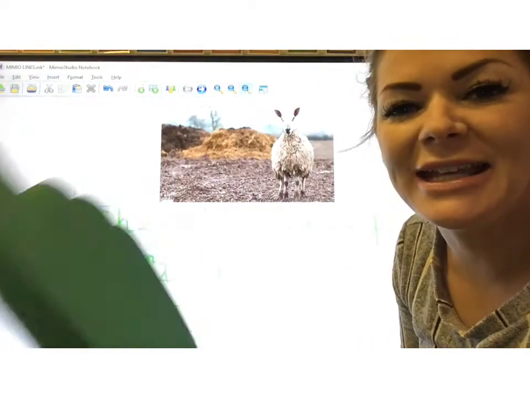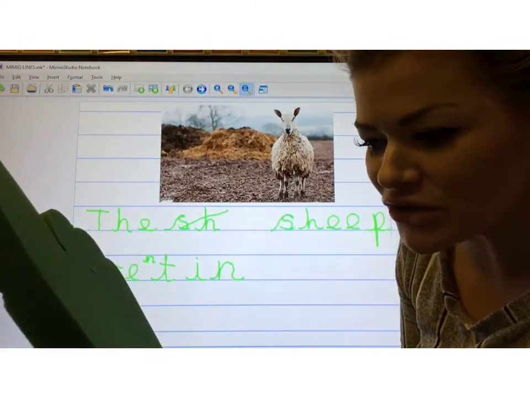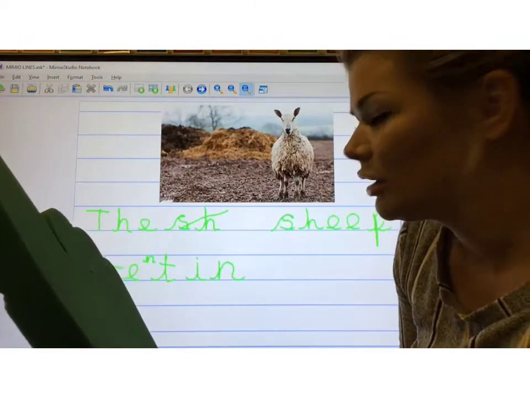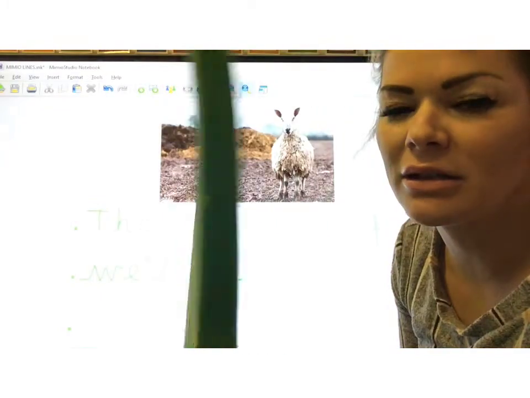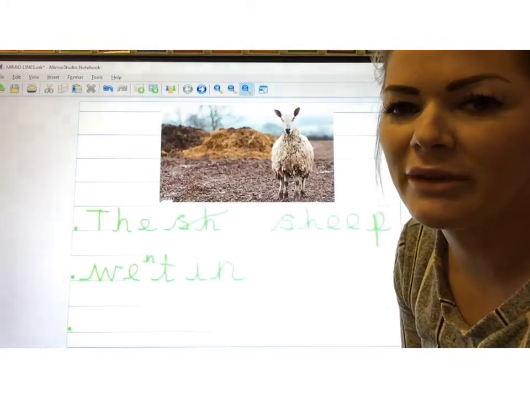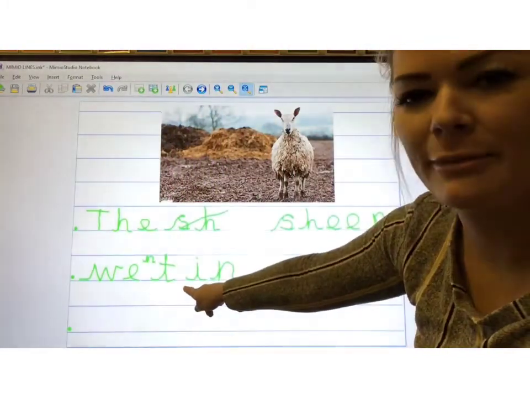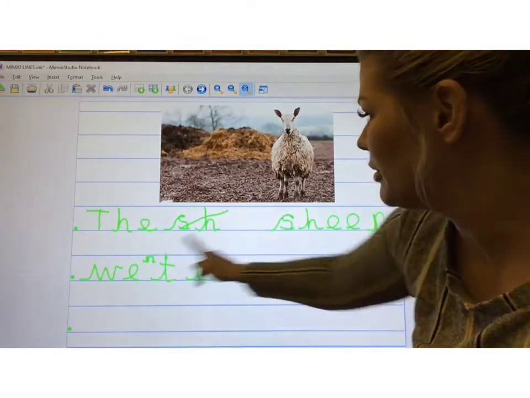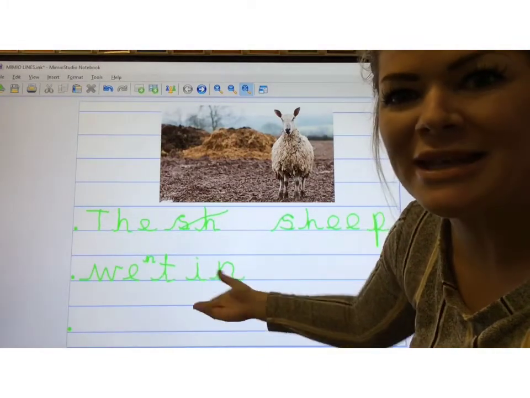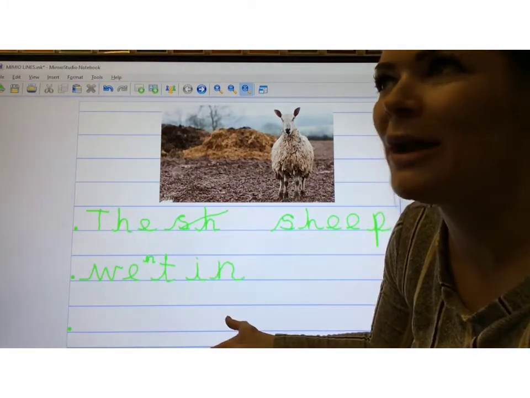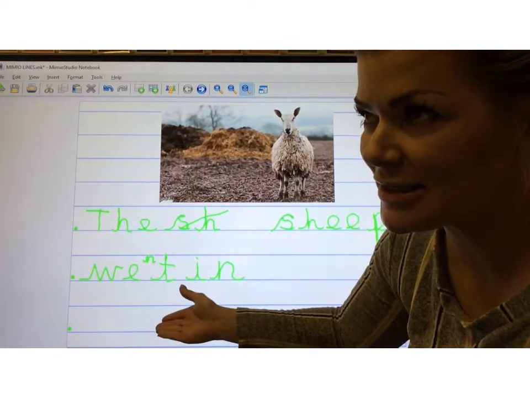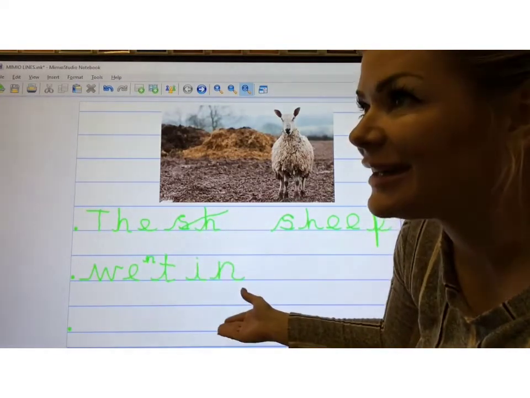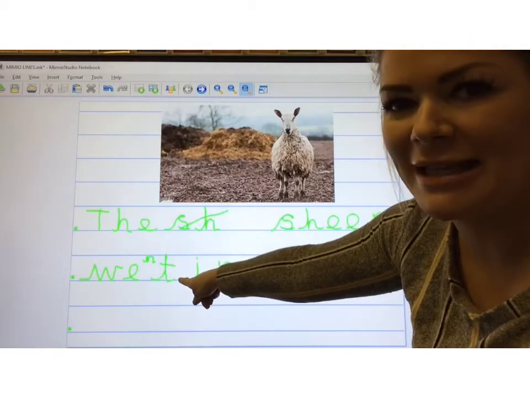What? Oh, I didn't do a finger space. No, I didn't do a finger space. Can you see? The sheep went in. Went in? What word is went in? I mean, went in. There should be a finger space in here.